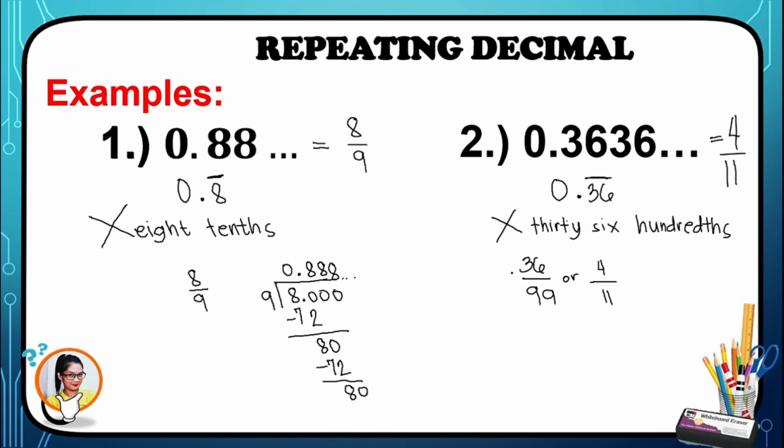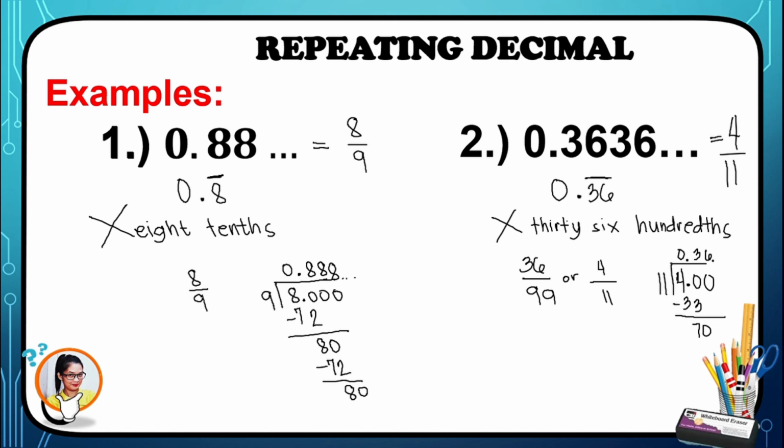Well, to prove that, let's divide 4 by 11. So we will add zeros. So we'll only have here 3. 3 times 11, we have 33. 40 minus 33 is 7, then 70.